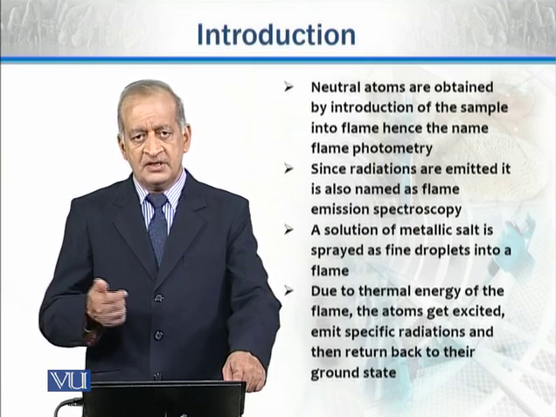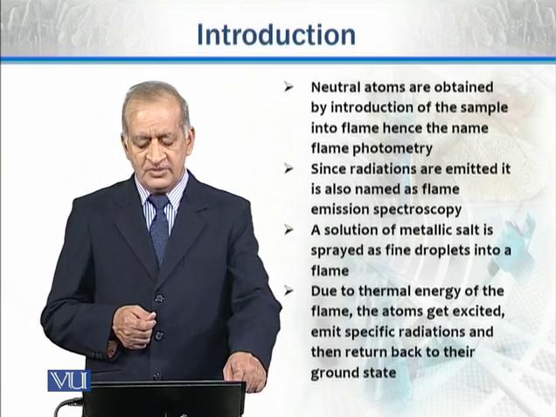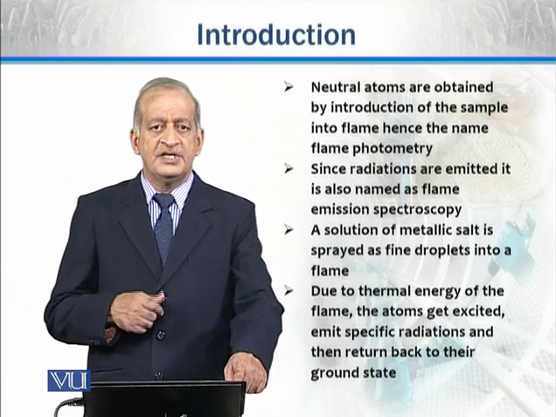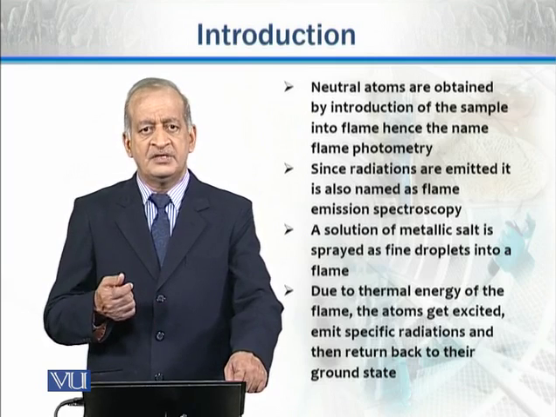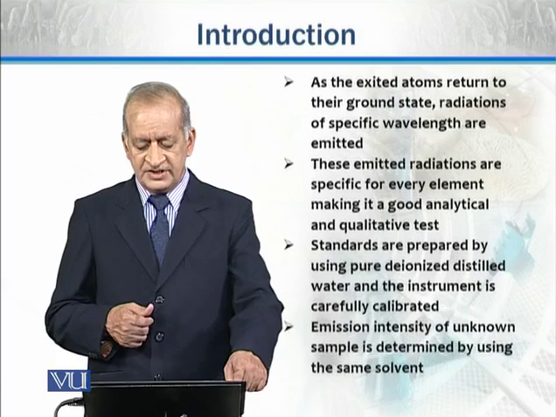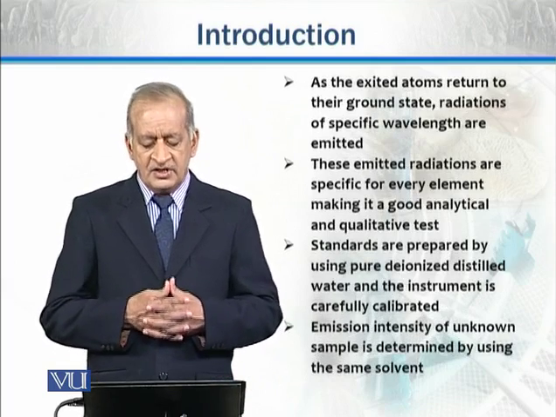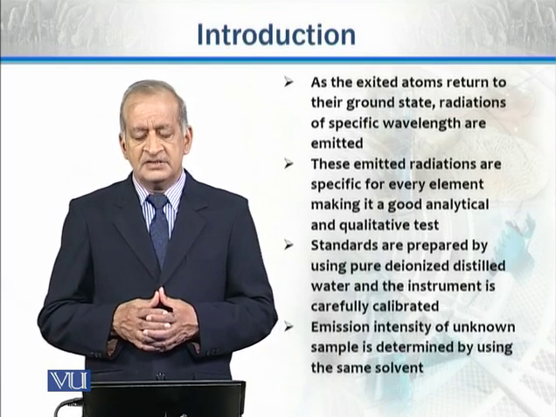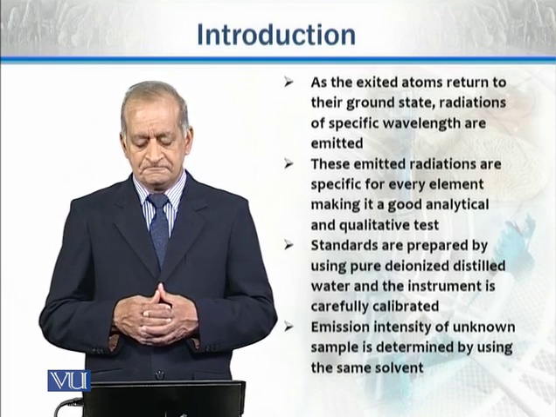So when different types of metals are sprayed in the form of fine droplets into the flame, some of the atoms get excited and change from a low energy state to a high energy state, and as a result they emit different types of radiations when they return to their normal state. As these excited atoms return to their ground state, there is emission of radiations of specific wavelength.